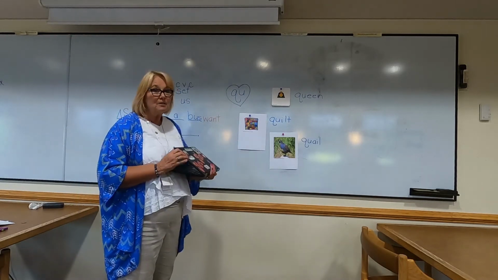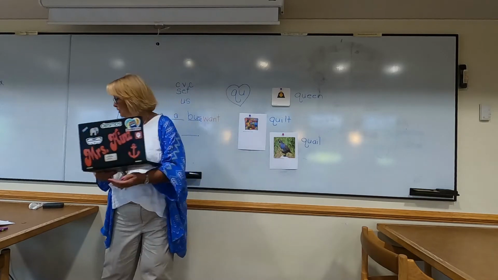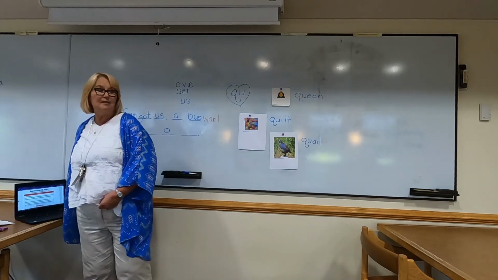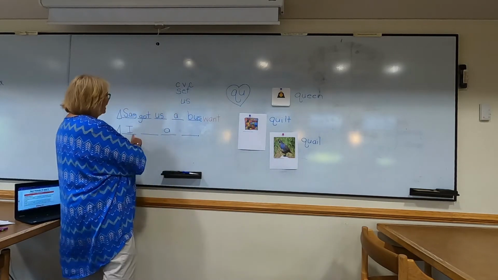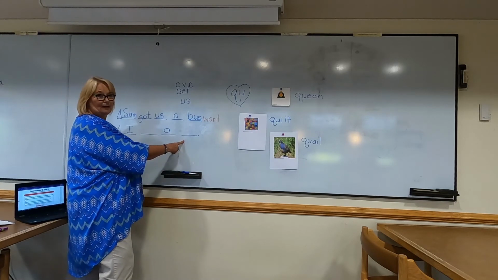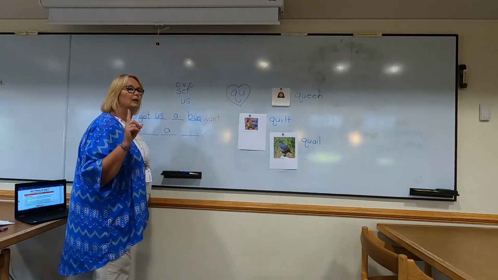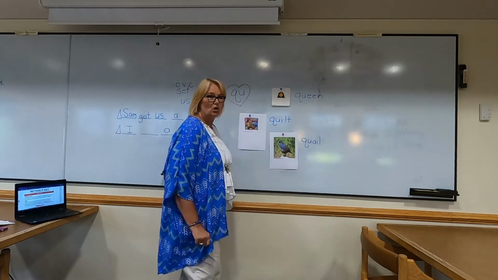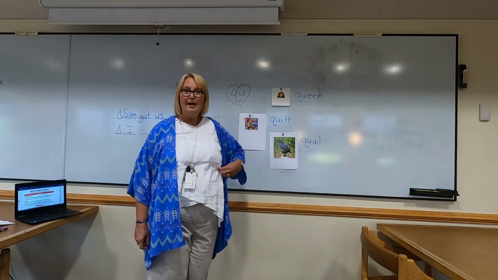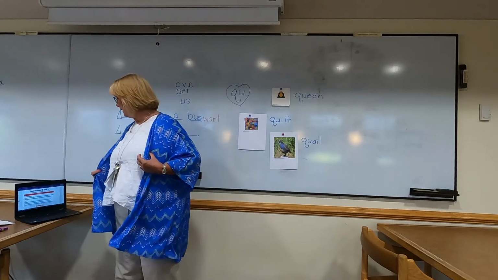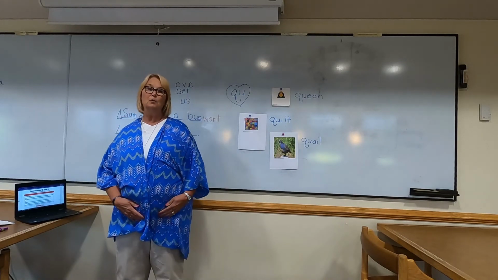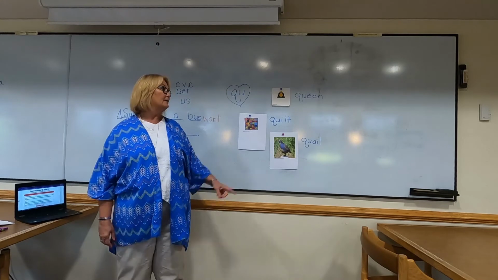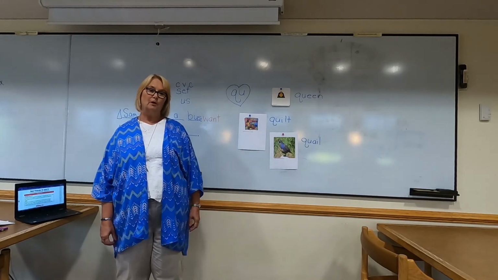Okay, your homework tonight is to finish the sentence, I want a blank. See if you can come up with one more word to add to our qua chart. And if you'd like to reread Best Friends Q and U, that might be a great idea so you can come up with some new words.